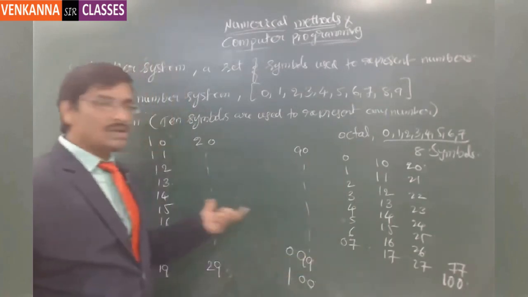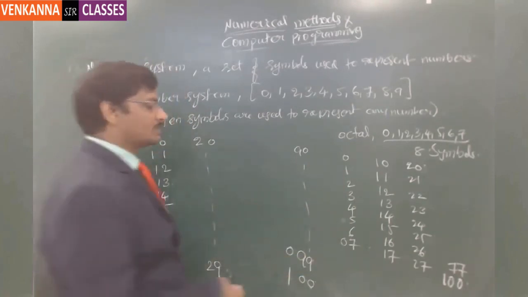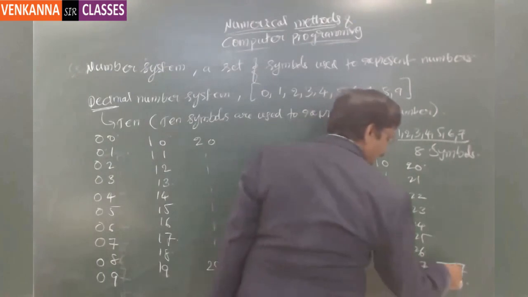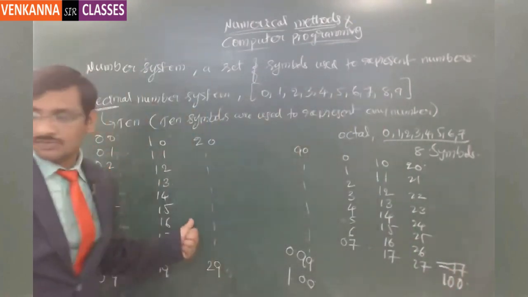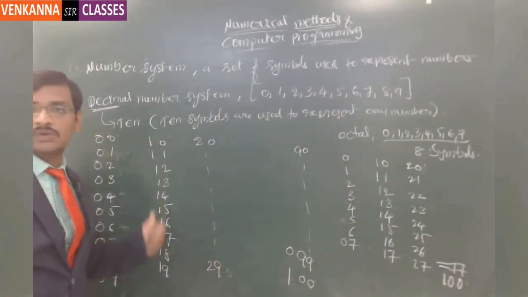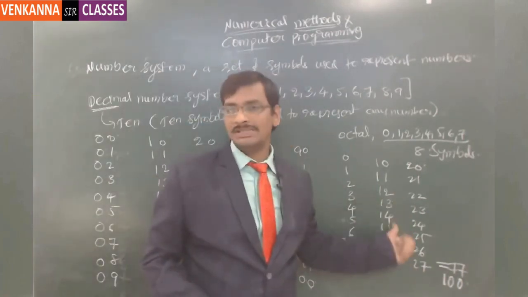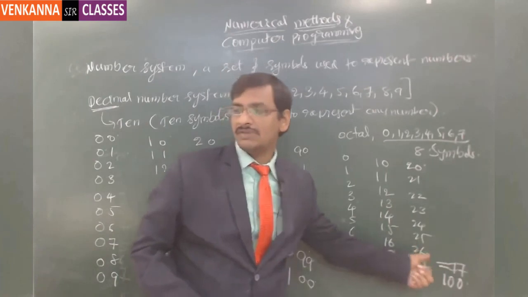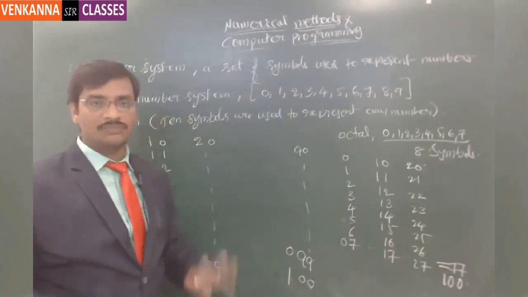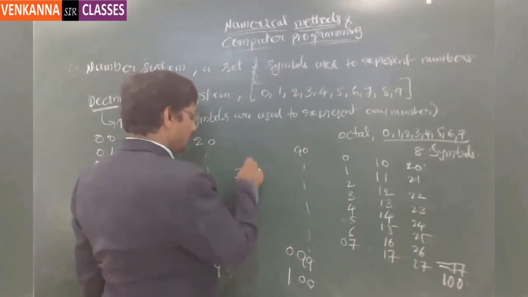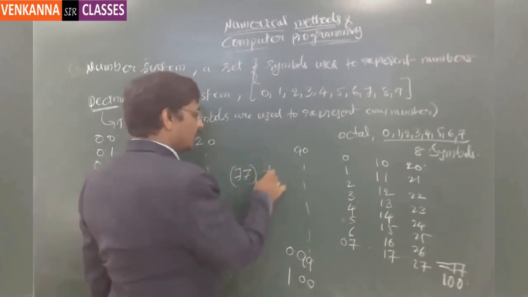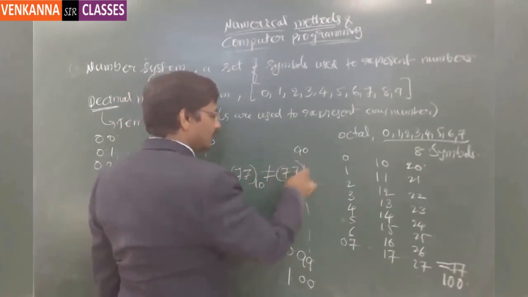But the equivalence of number systems is different. That means here 77 is not equal to 77 of the decimal number system, because here we have used 10 symbols and here we have used 8 symbols. Got it? So this 77 and this 77 are not equal. So 77 base 10 is not equal to 77 base 8.